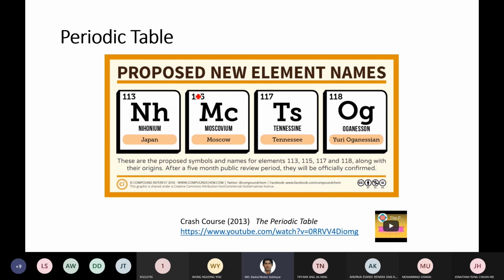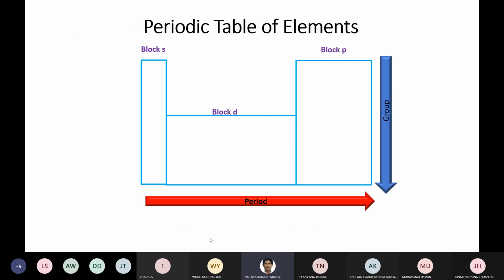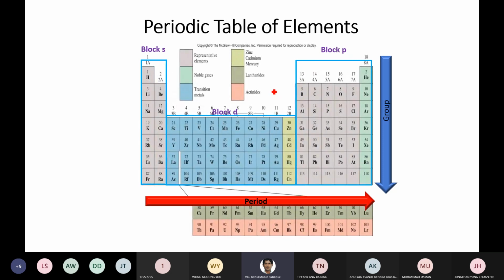So when they are found, they will be named according to the place. Once again, yesterday I myself was confused with this table, and actually it is correct. I don't know, my brain tricked me.